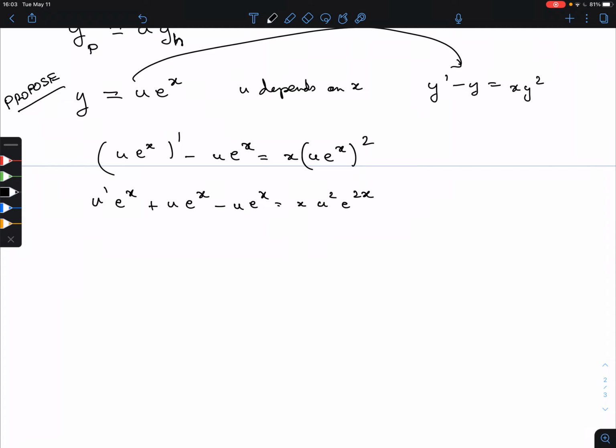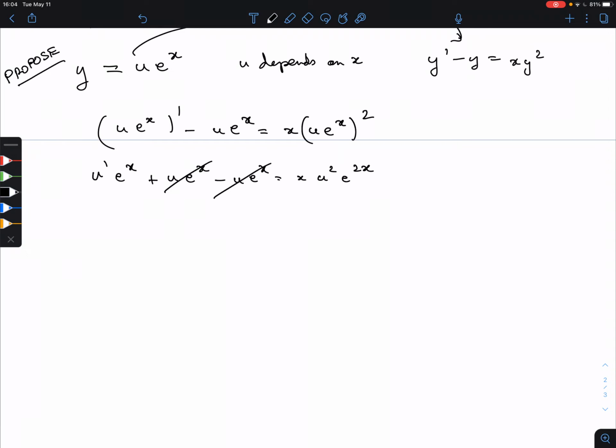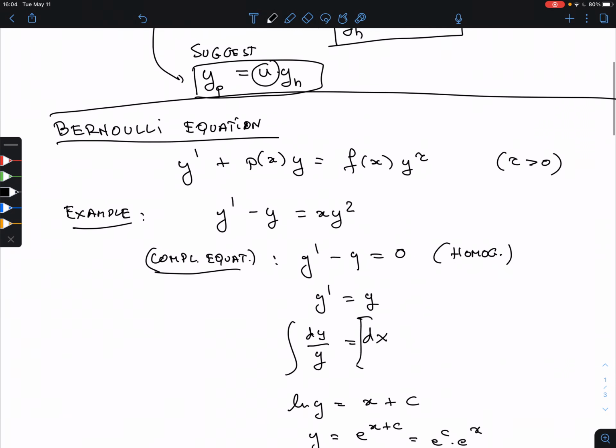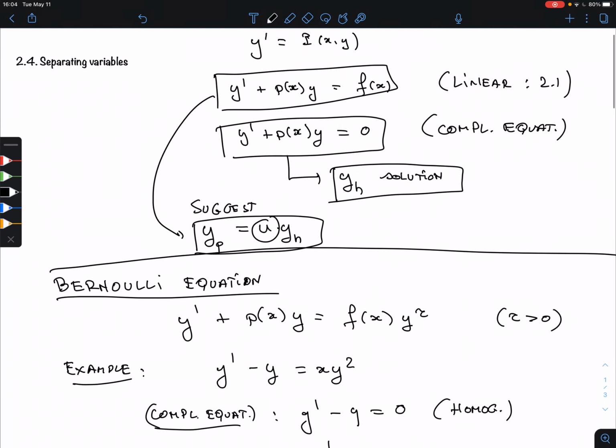And we know that what needs to happen in order for this method to work is we need some cancellations here. So that part falls away, but we still have a u here. You say, oh, professor, now we're in trouble, because what is this thing? But this is exactly what we said we would do. Remember, what we're going to try to do is separate the variables. That was the technique.